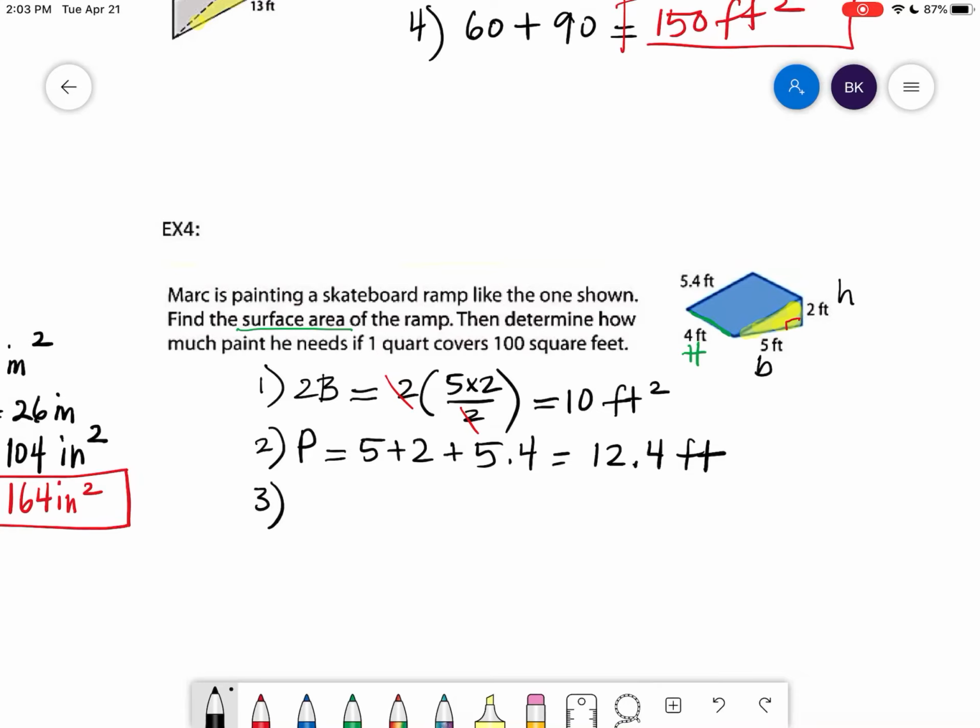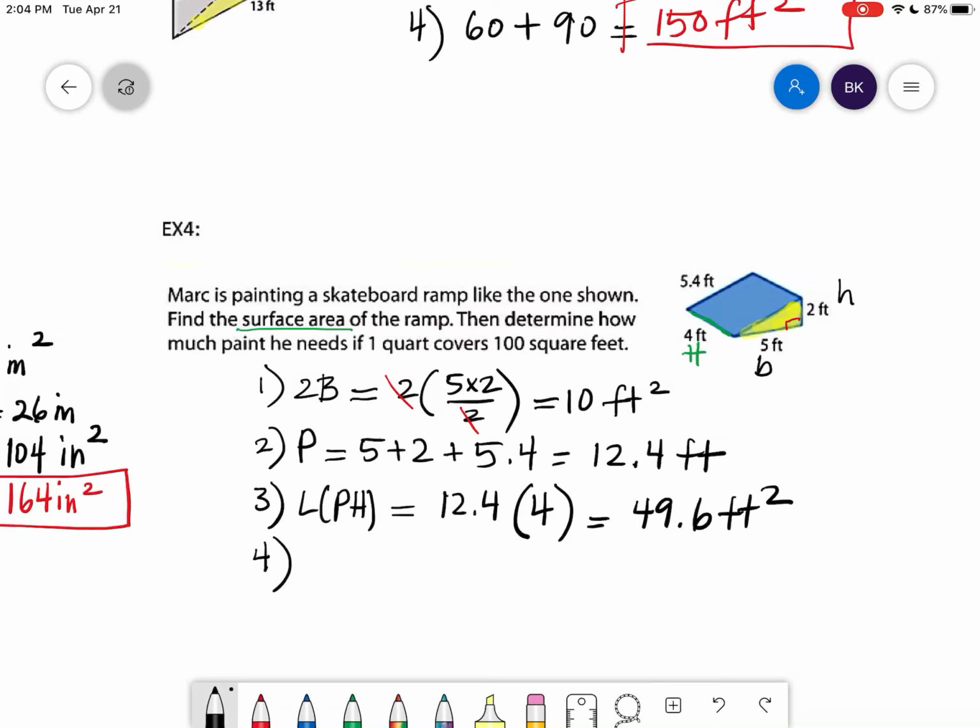The third step will be to find the lateral area, or PH, and that's going to be 12.4 times the height, and we said it was 4 feet. And the answer for this one is 49.6 feet squared.